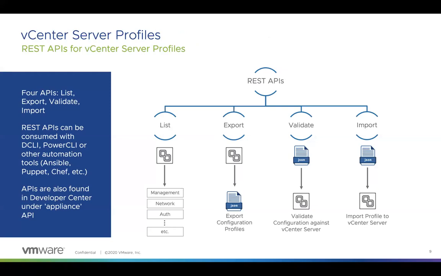So many of our customers have asked that, okay, hey, I have so many vCenters. I just want to ensure that all my vCenters configuration is consistent. That means, let's say, for example, you have VC1 or VC2.